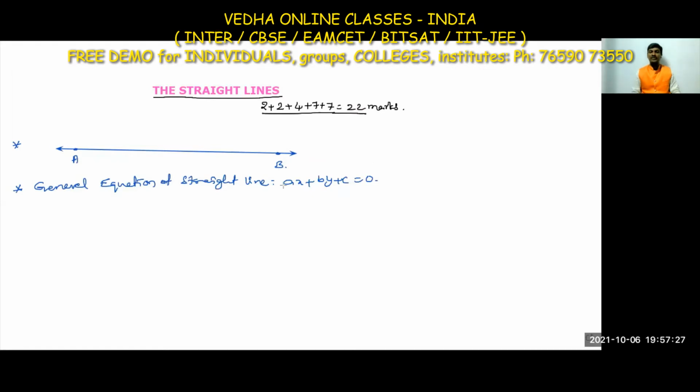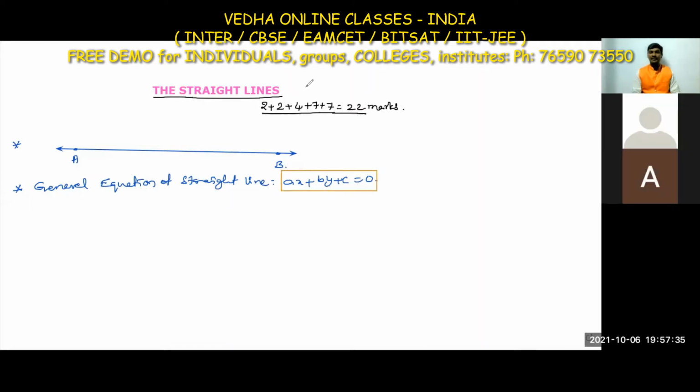Repeat once again. ax plus by plus c equal to 0. Very good. Once again, ax plus by plus c is equal to 0.